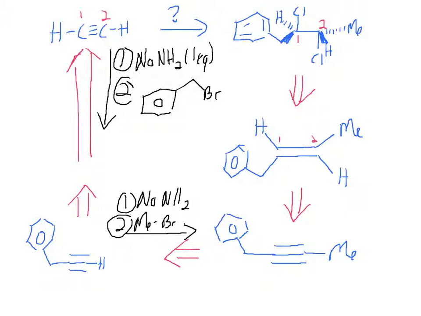No, you really should do it in 2 steps. I mean, experimentally, could you? Possibly, but as far as writing it, you need to do it in 2. Okay? So now you have an alkyne, and you need to make it a trans-alkene. What reagents do you use to do that? What reagents to get an alkyne into a trans-alkene?